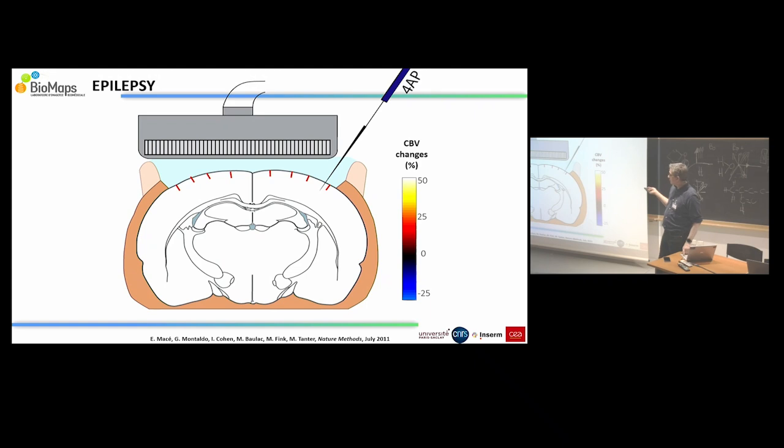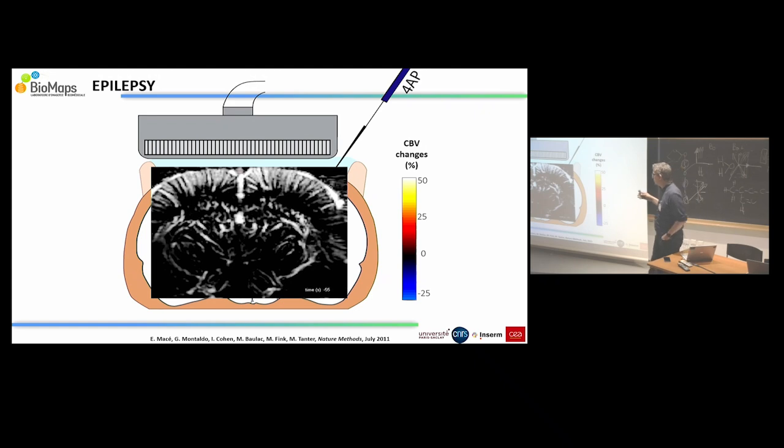So this is a typical experiment where they inject 4-AP drugs into the brain that will generate an epilepsy. And you will film the Doppler image of the brain during 1.5 hours, and here I will show you one image every second, and you will see the change of blood flow during the injection.